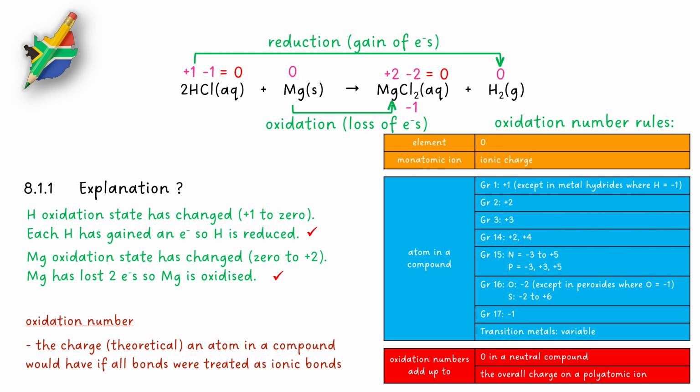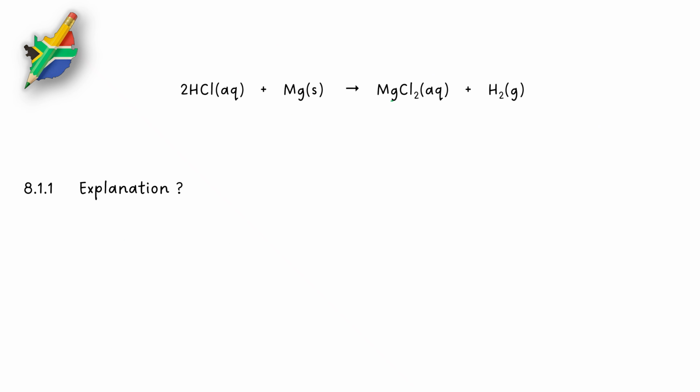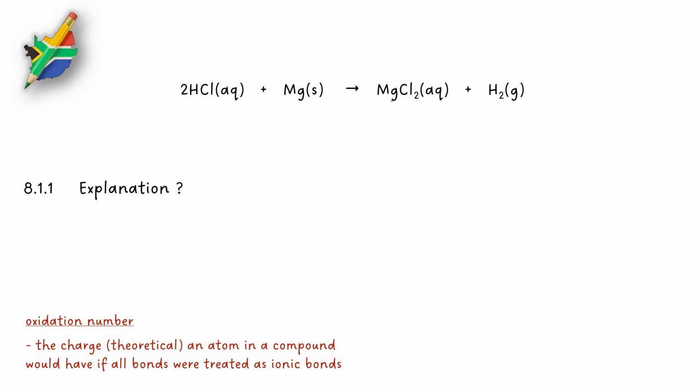We are asked to discuss how we know this is a redox reaction using oxidation numbers. This is the reaction occurring. Oxidation number or oxidation state is a theoretical charge we can assign to an atom in a compound if all the bonds in the compound were treated as ionic bonds.